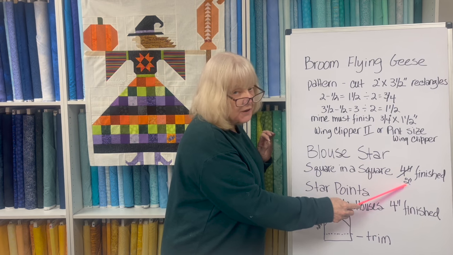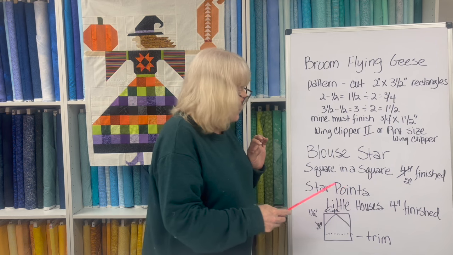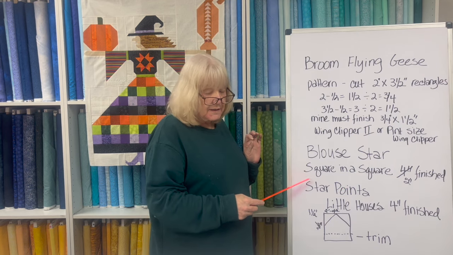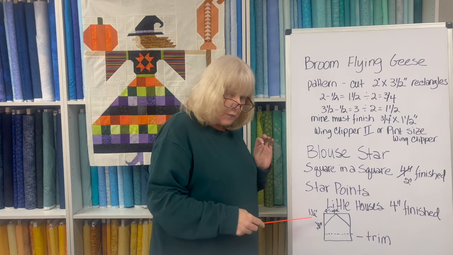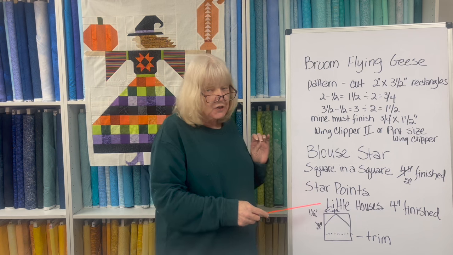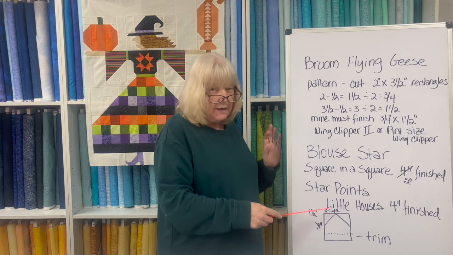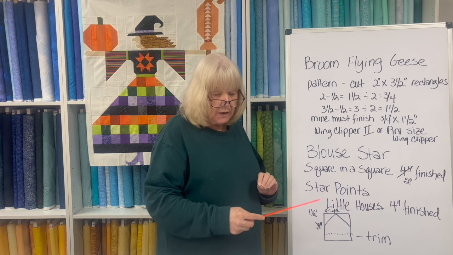Mine needs to finish to 2 inches because it's obviously half of that. The star points were a 4 by 3 inch block. And it's essentially constructed the same way, doing the Deb Tucker way, as the way in the book.